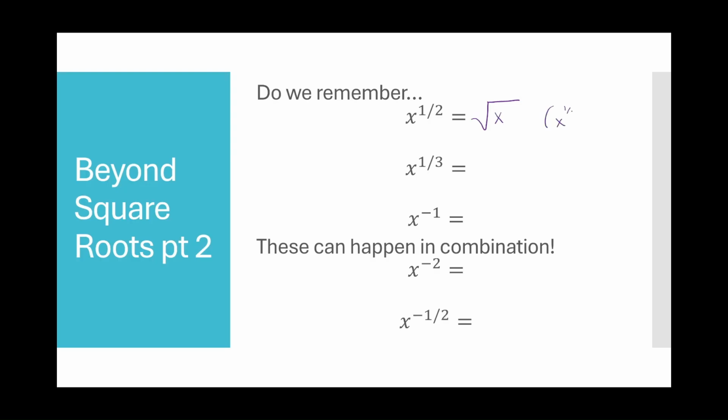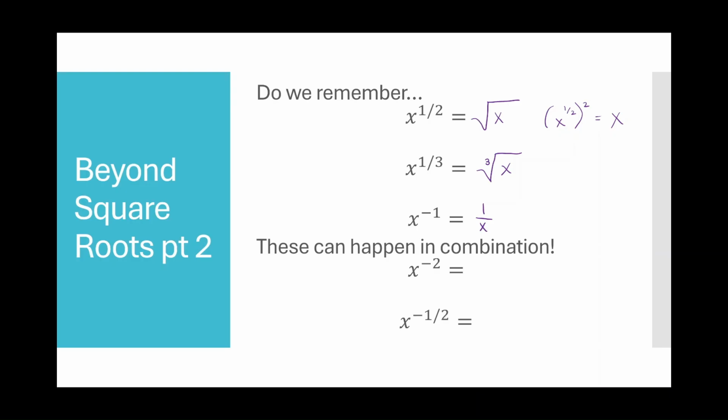X to the 1/2 and squaring undo each other to be just back at x. So x to the 1/3 power is just the cube root of x, and those continue in that pattern. If we remember our negative exponent rules, -1 just means the reciprocal. We're going to put x in the denominator. We have 1 over x.